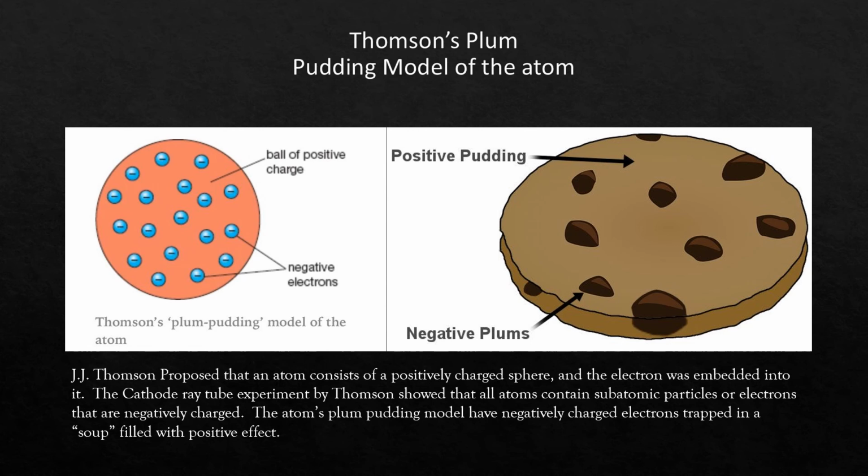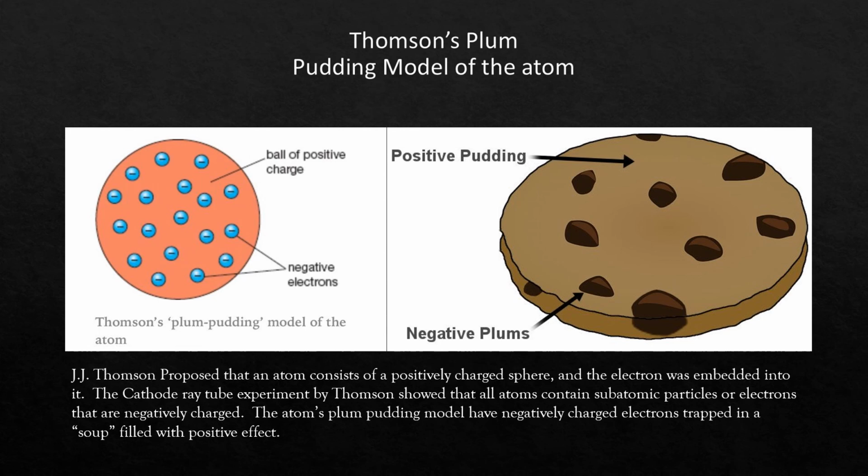This is how the plum pudding model of the atom looks. By analogy, you can compare it to a cookie which has a positive pudding as the surface, and embedded inside of that are the negative plums, or these chocolate chips.